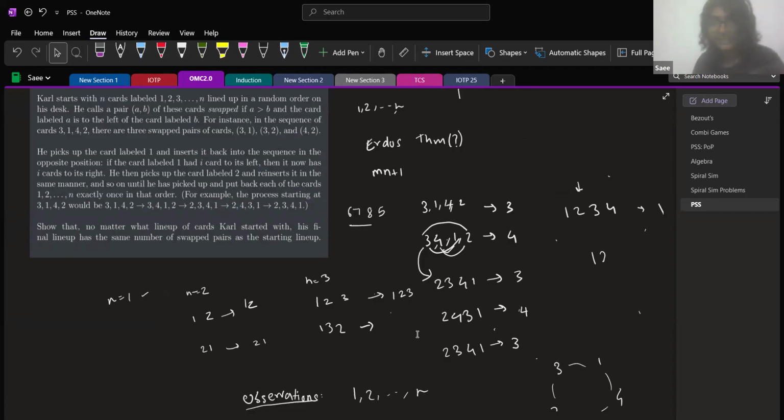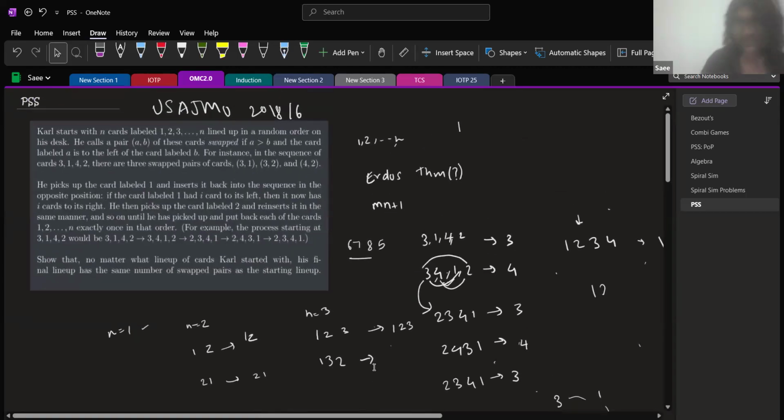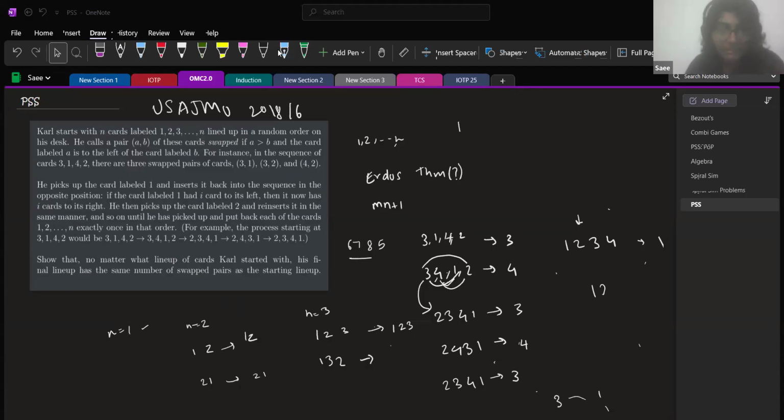There's some insanely cool stuff that you get, but maybe I'll just leave it for you to think about. Work it out. It's not hard, I know you can do it. So basically, what you should do is take two sequences which are just one adjacent swap away, and work out the process. There's some nice observation you get, and then try to finish the problem from there.